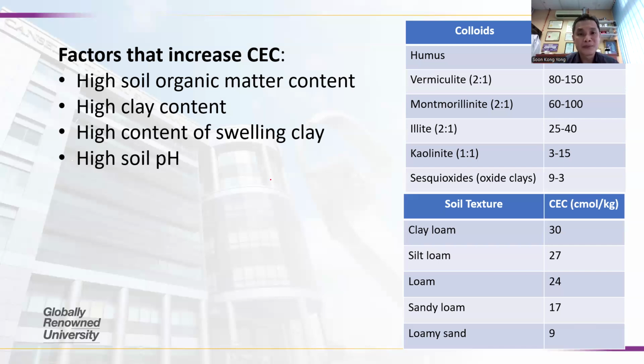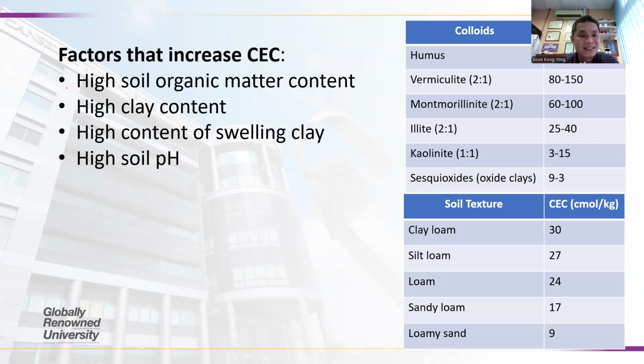So now coming back to these 4 points, what can we do to increase the CEC in the soil? Number one is definitely add more soil organic content, aka compost, or scientifically humus. Number two, although we can add more clay content, usually we'll be happy with humus because humus is cheaper.